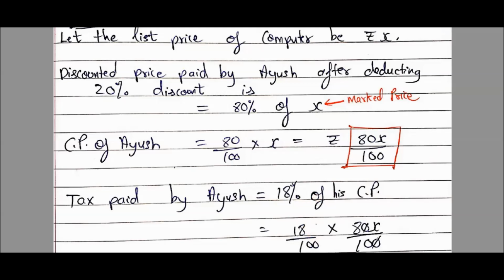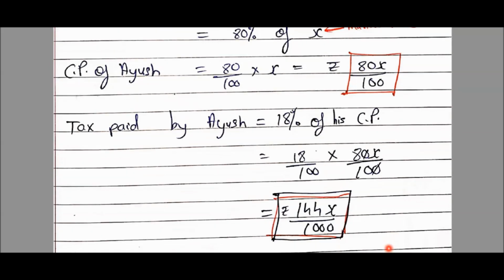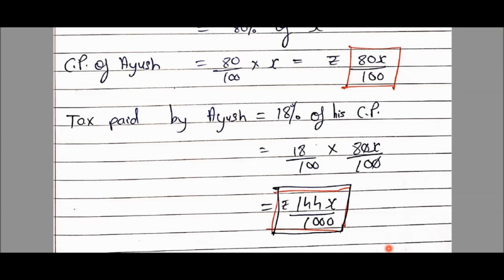So 18 upon 100 multiplied by this cost price, 80x upon 100. You can proceed with the calculation in your own style, but I have cancelled only 1 over here, and I have kept this 1000 intact in the denominator. So 18 8s are 144x upon 1000.